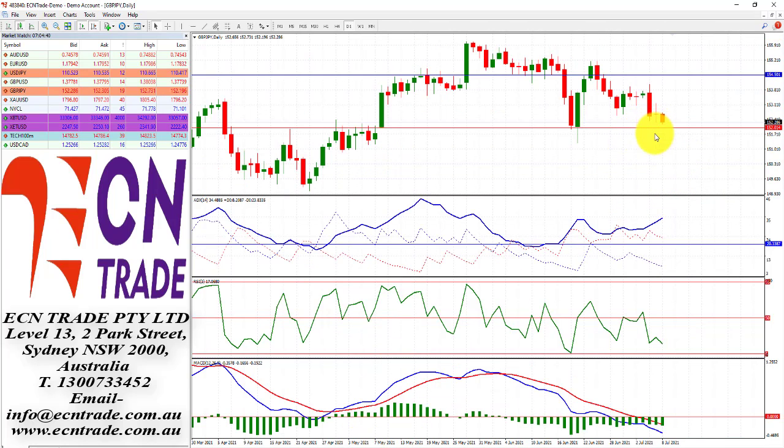This in turn could see 152 hold for the short-term period because we do also have a long-legged doji here. With the technicals still a little bit heavy and with the ADX trending, let's see how the market plays into 152, because beneath there exposes the region of 150.70-75.